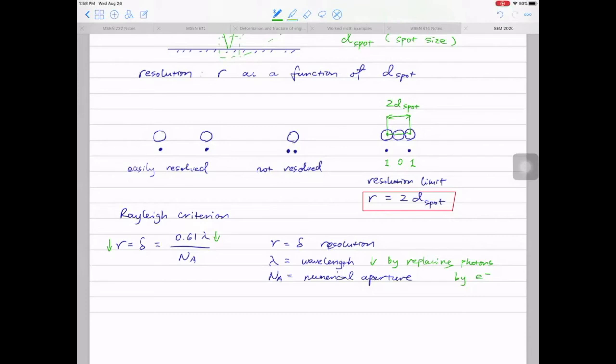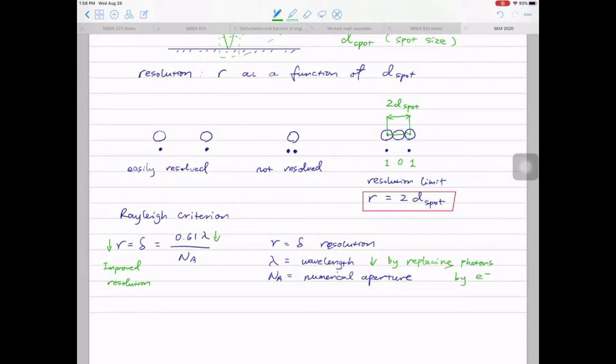So R decreases, but resolution increases. The value of R decreases from 200 nanometers to maybe 1 nanometer. So the value decreases, but the resolution itself improves. So there's a little twist here.